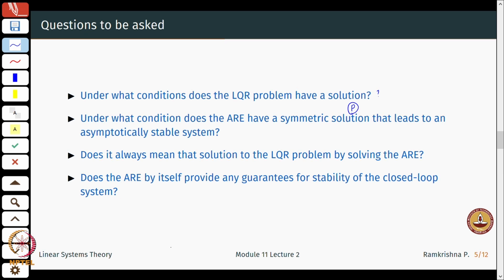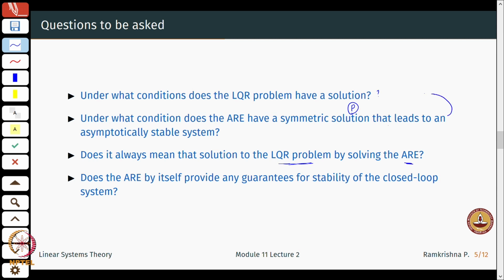Okay. Now does it also always mean that if I can find a solution to the LQR problem, that one can find the solution to the LQR problem by only solving for the algebraic Riccati equation?